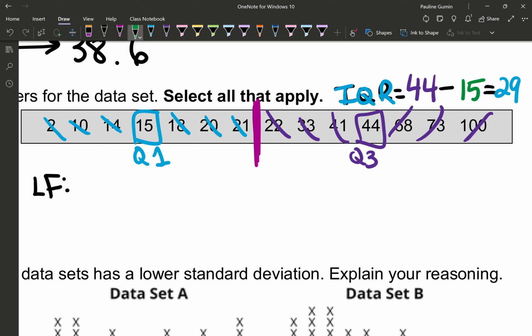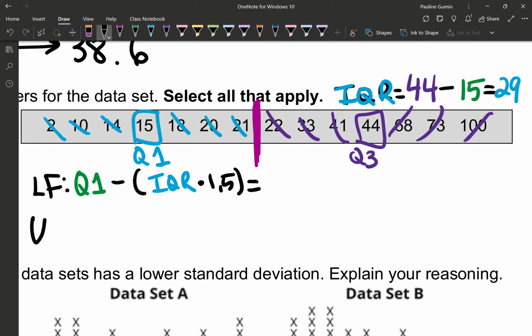We do Q1 minus our IQR times 1.5. To find out if we have anything too big for our set of data, we follow this formula. Q3 plus our IQR times 1.5.